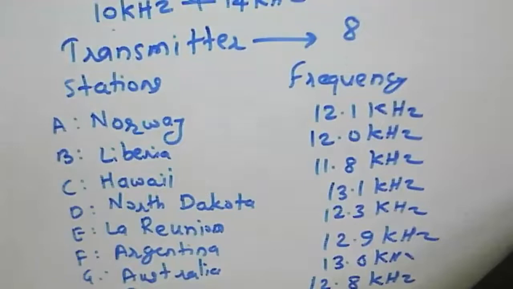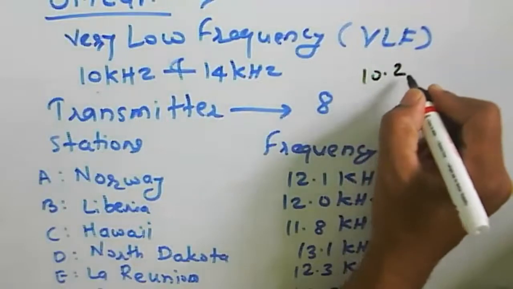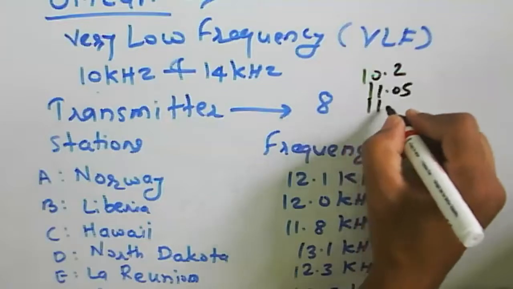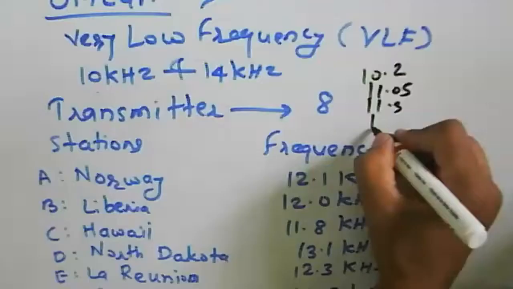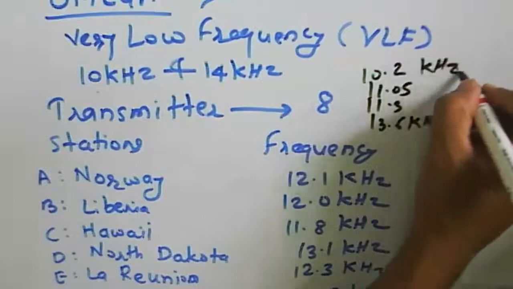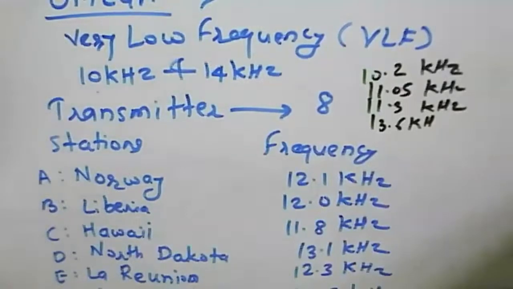The common frequencies for these transmitting stations are 10.2 kilohertz, then 11.05 kilohertz, then 11.3 kilohertz, and then 13.6 kilohertz. These are the common frequency signals to be transmitted by each transmitting station.